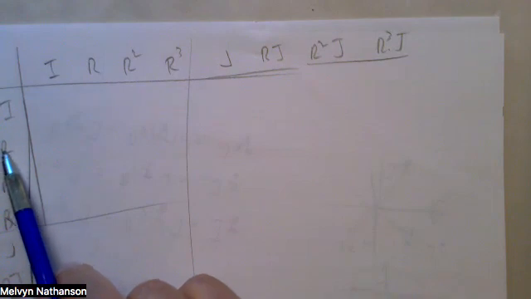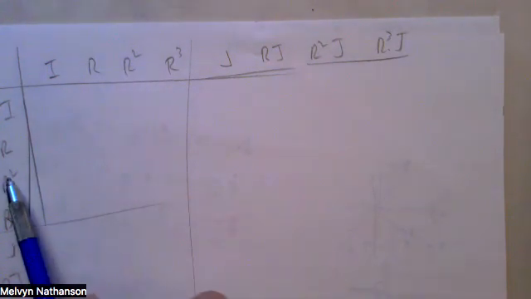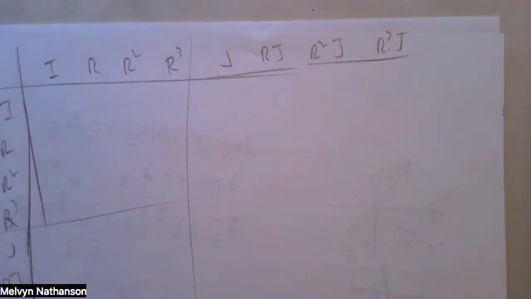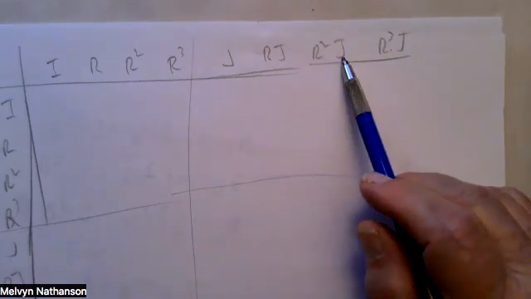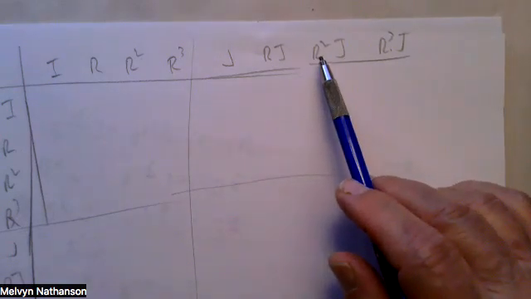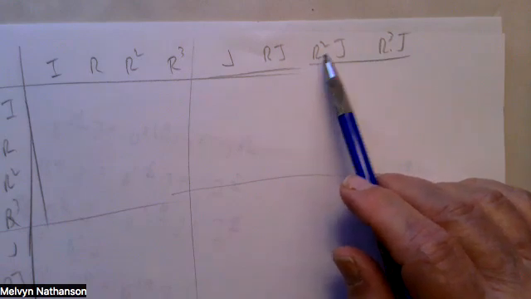So r to the power i times r to the power j, just by the rule of exponents, is r to the sum of the powers. You can calculate all of these, and you'll see that everything you get by multiplying something here by something here is something else in this group. So this set is closed under multiplication. And you can also write down an inverse, because the inverse of j is j, and the inverse of r is r cubed.